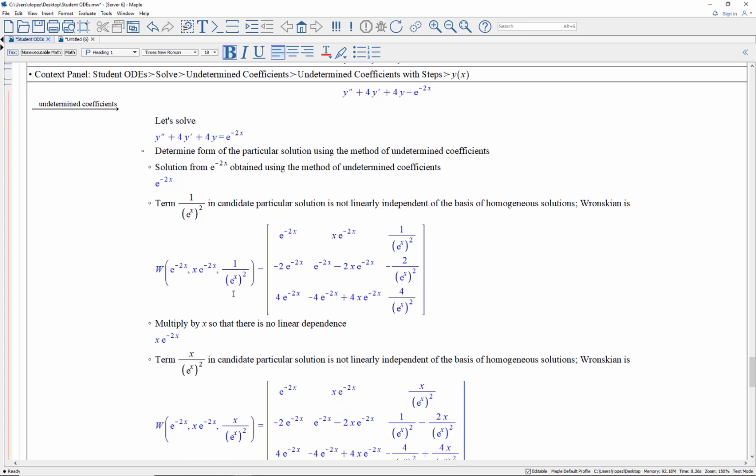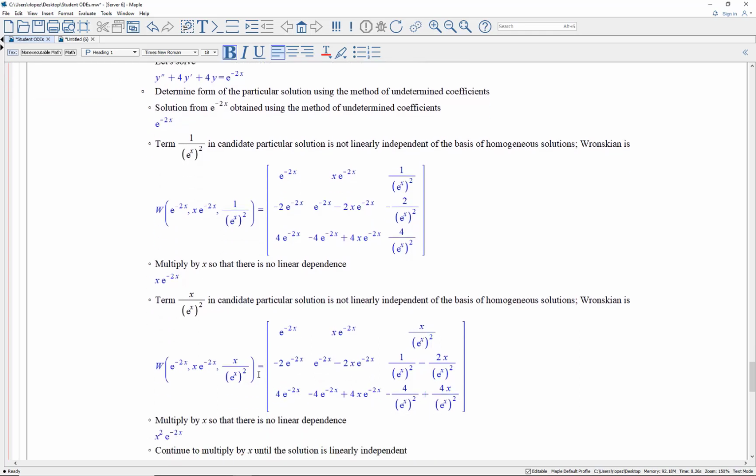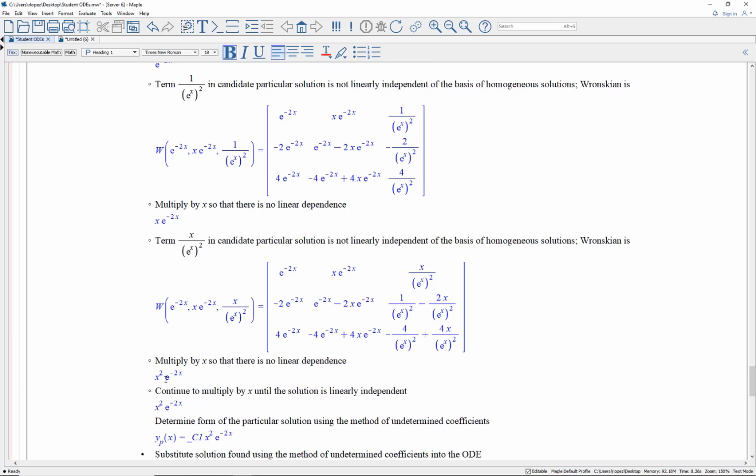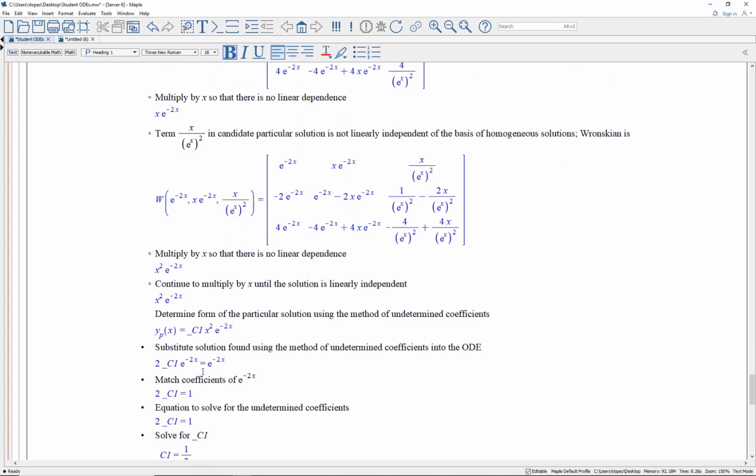So it says try over here putting an x. Well, if you do that, you can see you're going to get another Wronskian, and it's not going to be non-zero. So Maple says, well, try an x squared. So that works. And your particular solution is therefore a multiple of x squared e to the minus 2x.